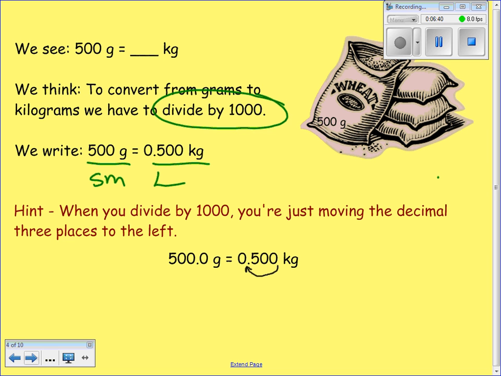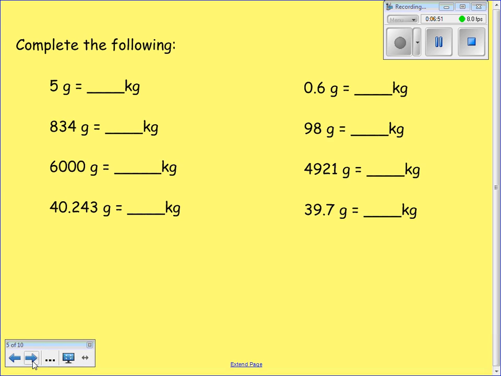So we're going to divide by 1,000. So if I asked you to complete the following, you can do these simply by moving from a smaller unit to a larger unit. So I'm going to be dividing, in most cases, by 1,000. If you complete these, we'll check them in class together tomorrow.